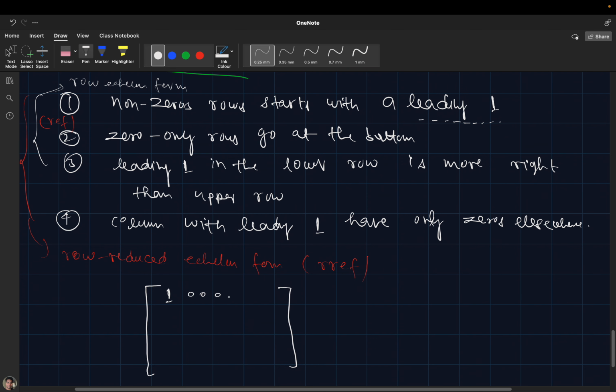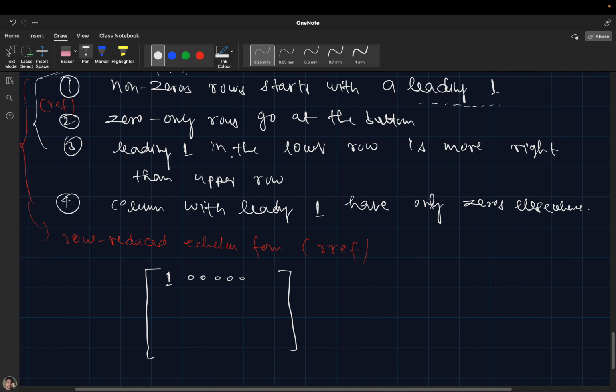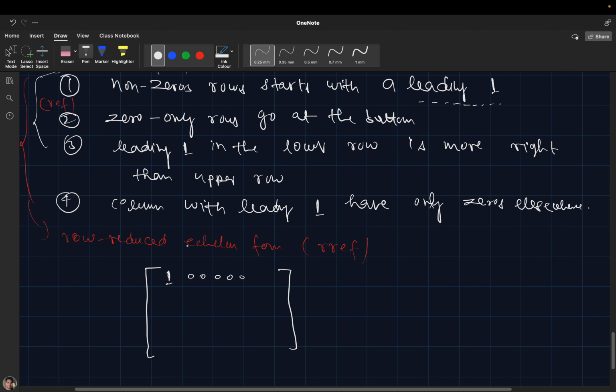Now it says zero-only rows, which means rows with all elements zero should be at the bottom. That is the second condition.